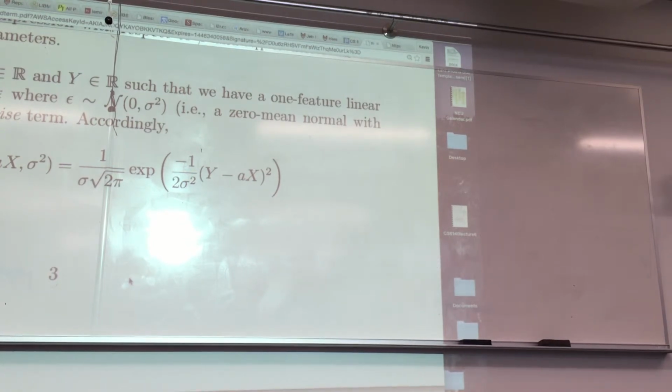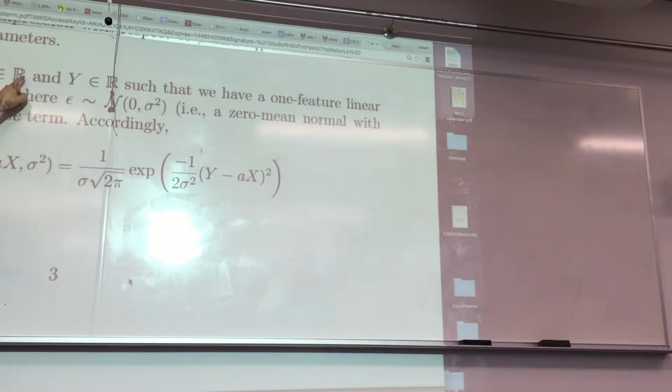We have a single variable regression here, where my x is drawn from a univariate space, and I have my normal output space. So it's a one feature linear regression model, y equals ax plus epsilon, where epsilon is zero mean normally distributed. Nothing fancy. This is my f of x in here, and this is me writing it out.